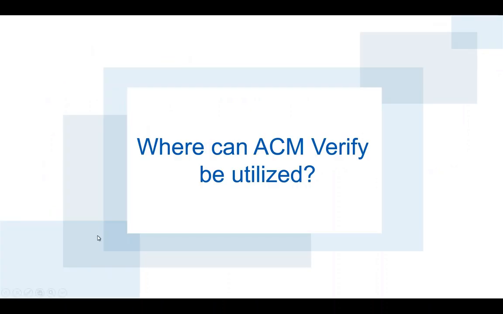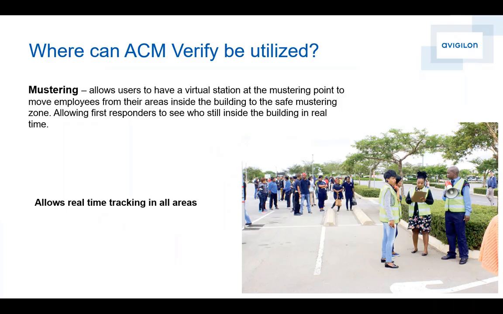So let's take a look at how we can utilize, or where the ACM Verify can be utilized. One of the applications that always comes to mind is the mustering capability. So you could have ACM Verify in the hands of your first responder team or someone that is in charge of tracking who's in the safe zone on the mustering point.